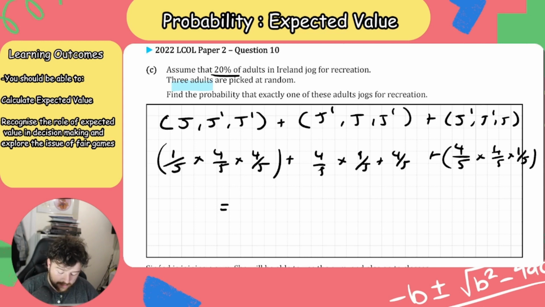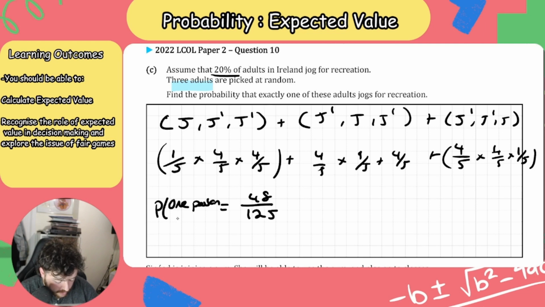These are independent events. Add all of that up and you'll get 48/125. So the probability of exactly one person jogging is 48/125.